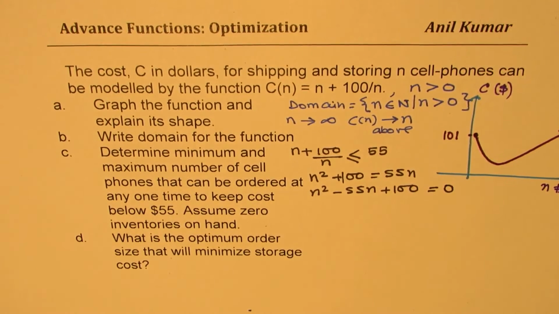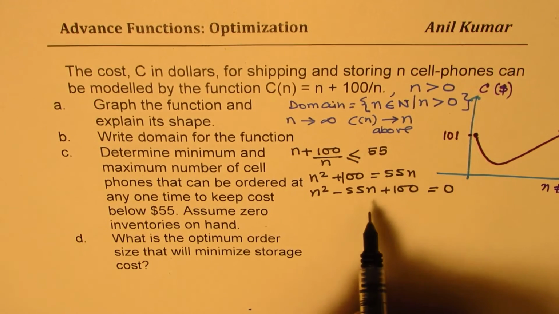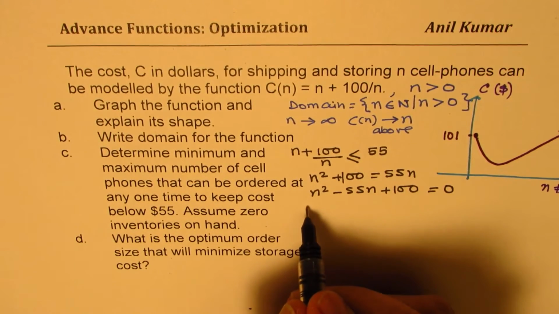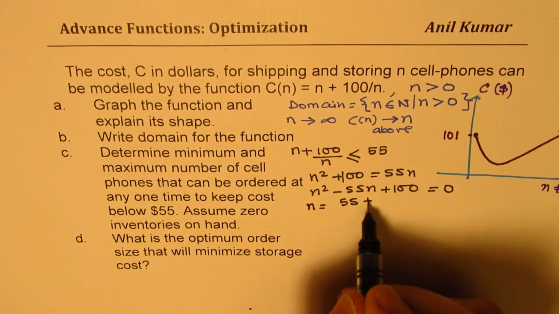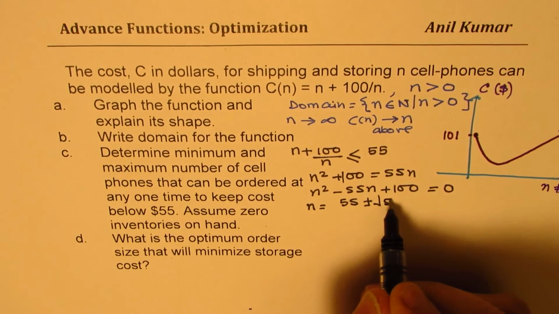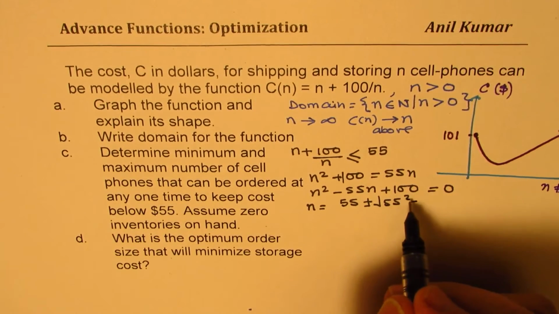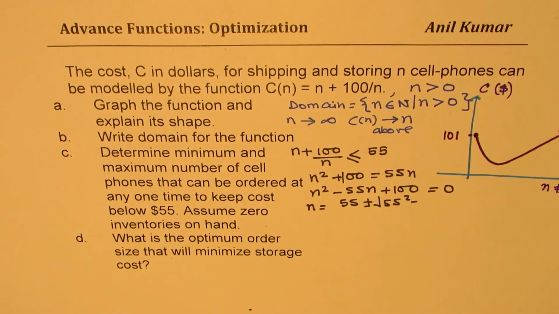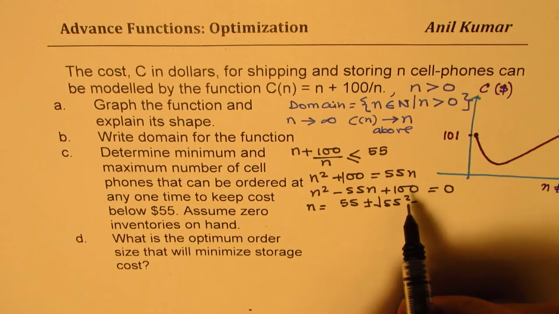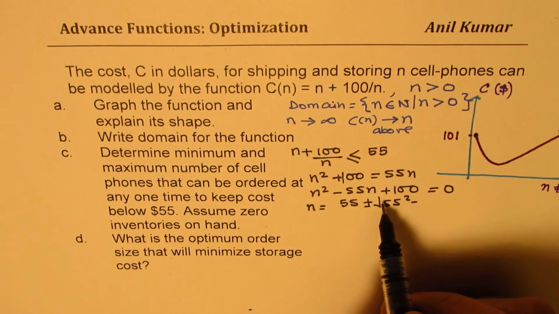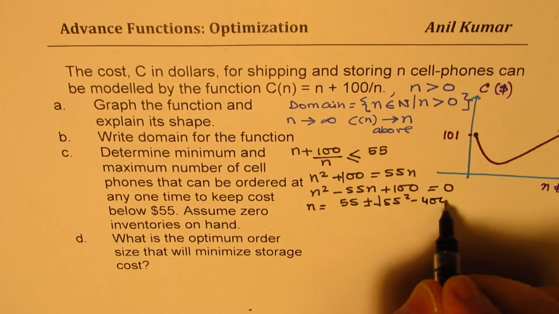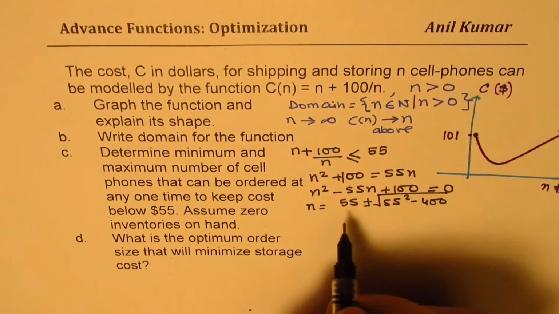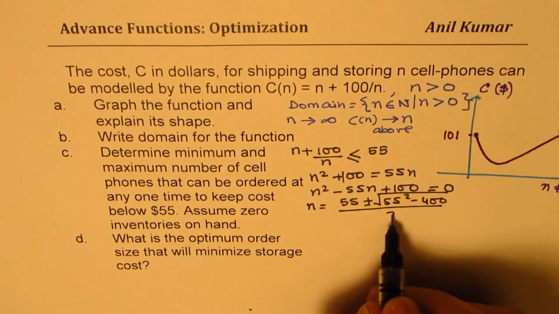Let's solve this. So let's use the quadratic formula. n equals minus b, which is 55, plus or minus the square root of 55 square minus 4ac. So when you do minus 4ac, it becomes minus 400, over 2.